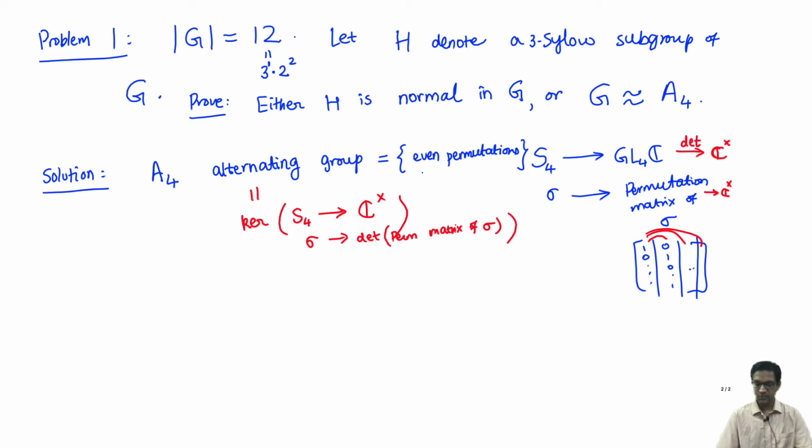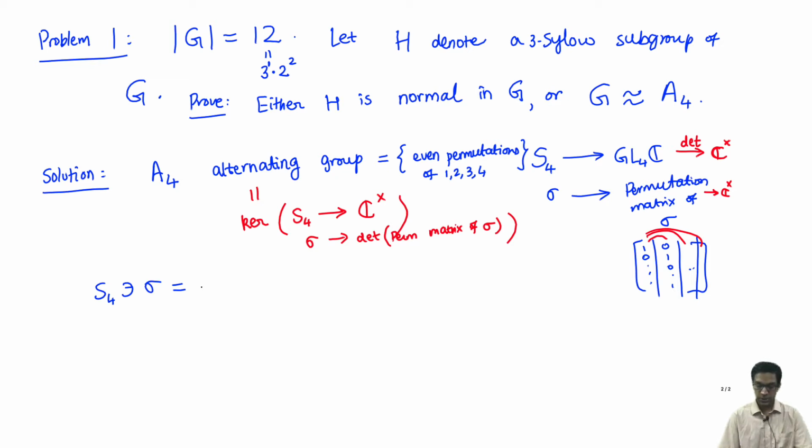So what is the set of even permutations? So recall that any permutation sigma, so if sigma is an element of S4, any permutation can always be written as a product of transpositions. Okay, so what's a transposition?